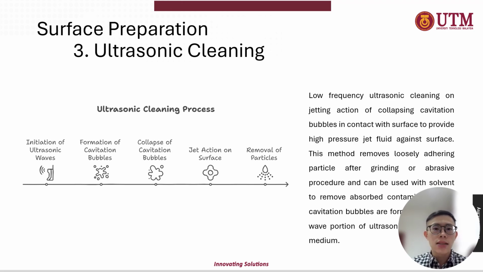This method is used to remove loosely adhered particles after the grinding and abrasive procedures, that is the first two procedures, and to clean the surface with solvent to remove absorbed contaminant. The cavitation bubbles are formed by the tension wave propagation of the ultrasonic wave in the fluid medium.